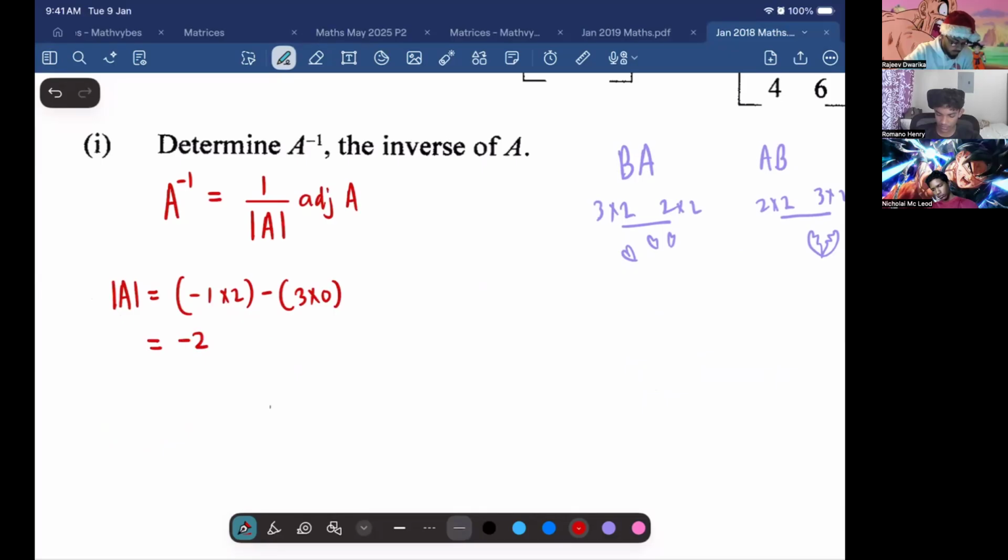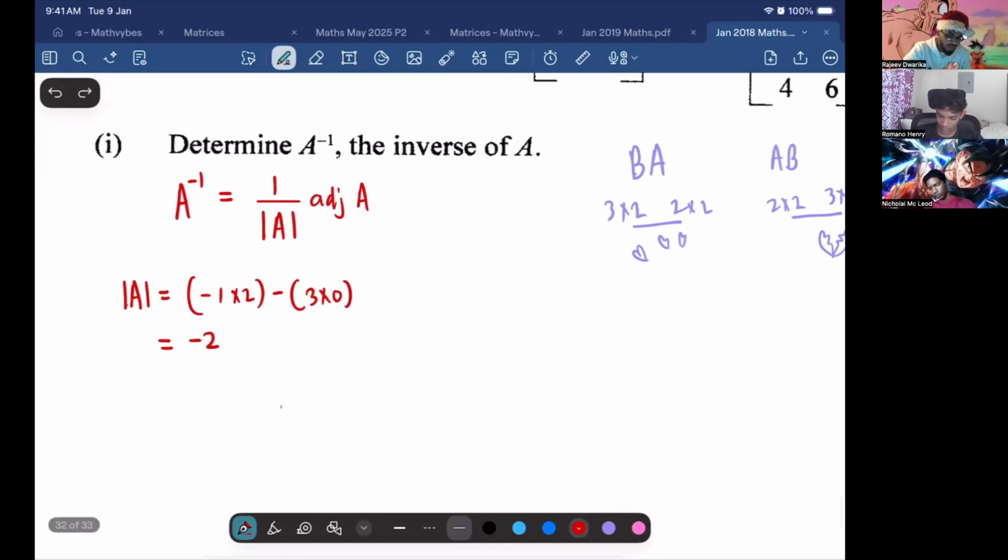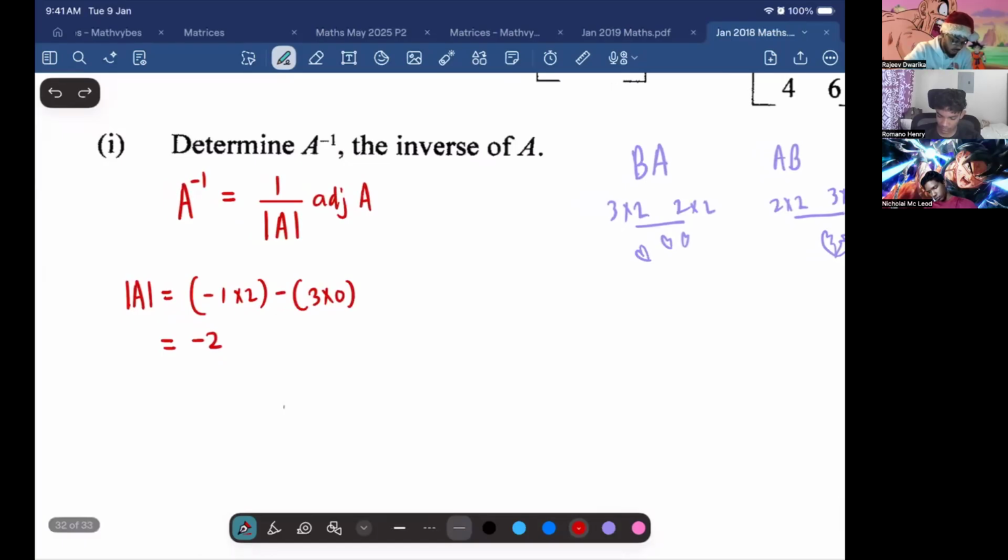I want Deja to get this on lock. And Deja, where's 3 by 0? 0. And okay, if I say 5 minus 0, would the 0 affect it? No. So do I need to write the 0? No. So I could just write -2. You okay with the determinants? Yes, sir. All right, let me find the adjoint now.